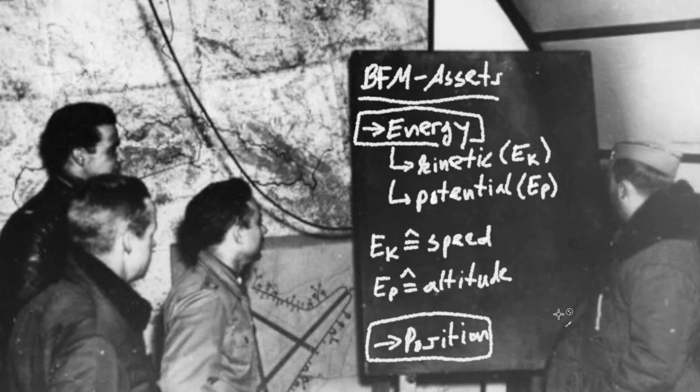So, first and foremost, BFM-Assets. Luckily, there are only really two that we need to consider, and that is energy and position. Now, with regards to energy, you can imagine that energy is like a currency, like money, if you're looking for an analogy, because with energy you can buy maneuvers, with energy you can buy altitude, with energy you can do all sorts of things.